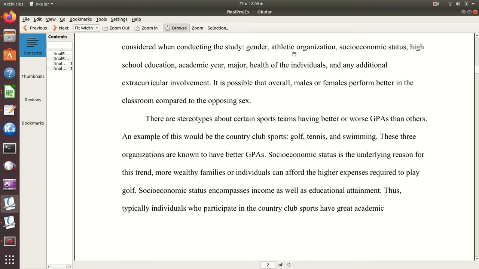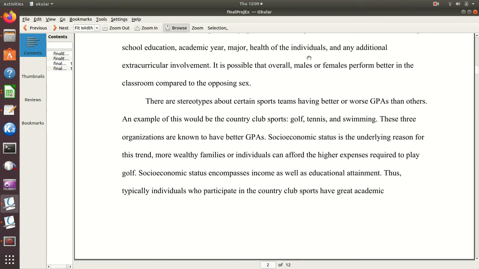I think they could have used a better word than athletic organization, but I see what they mean now. And these three organizations are known to have better GPAs. Oh, now that needs a reference, because they are making a statement that this is true. I don't know that's true. Where's your reference to point that out? How do we know that's true? They really should have a reference there.